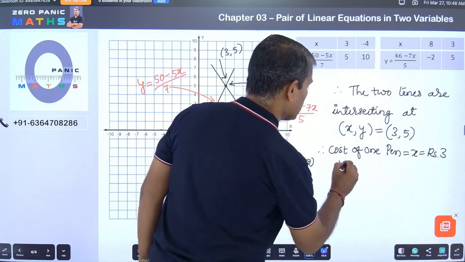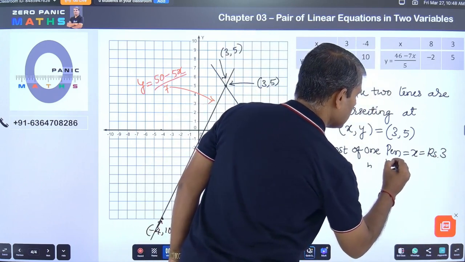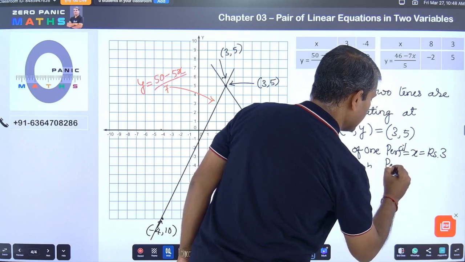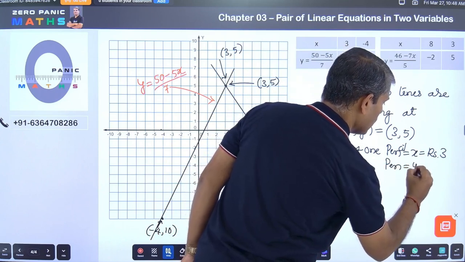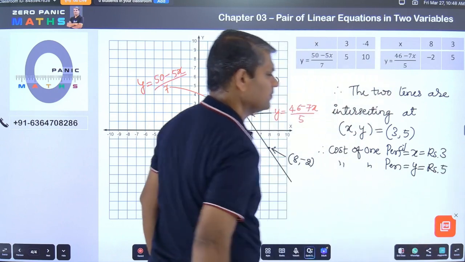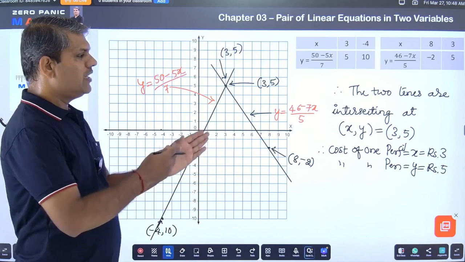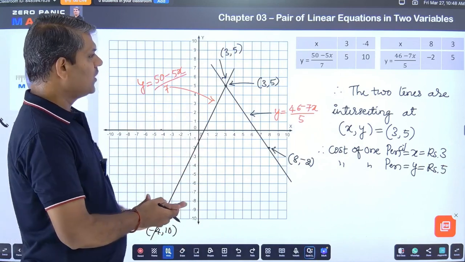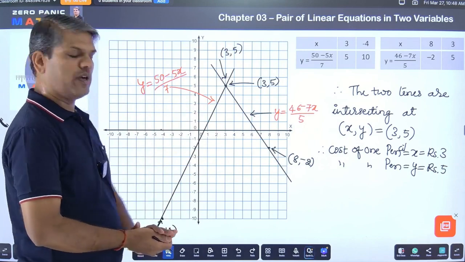And cost of one pen, y, is equal to rupees 5. This is the solution that we achieved graphically. Okay, let us move to the next question.